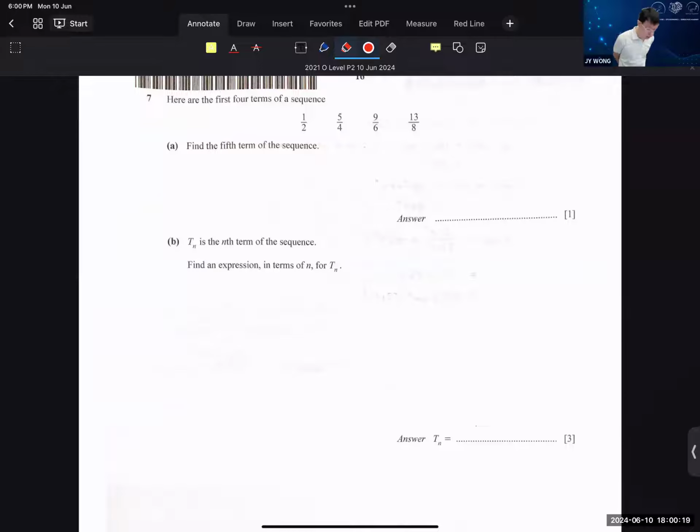Here are the first 4 terms of the sequence. Find the 5th term of the sequence. A lot of students, for some weird reason, struggle with this. If you were me in Sec 1, Sec 2, I've shown you quite a few of such types of questions.